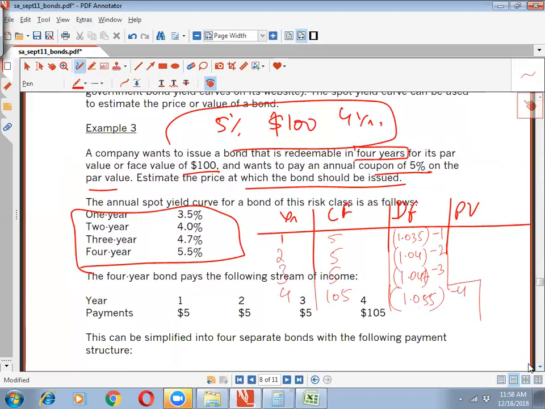For year 4, we have got interest plus redemption both.